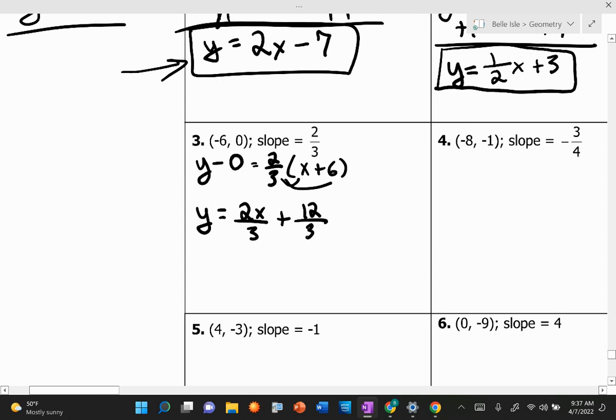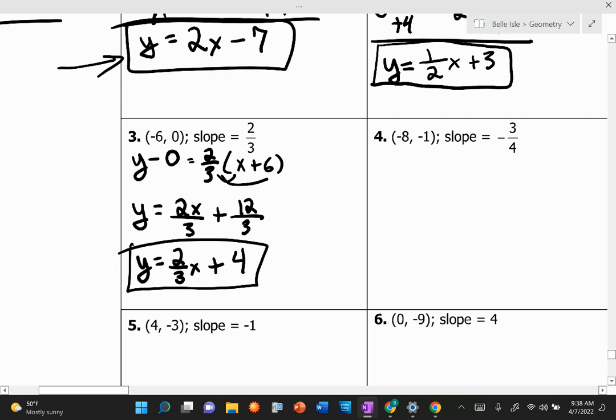And then 3 on bottom. Now you just have to simplify where you can. Can I simplify the 2/3? No, I can't. So it's just going to be 2/3 x plus what's 12 divided by 3? It's 4. Yes.